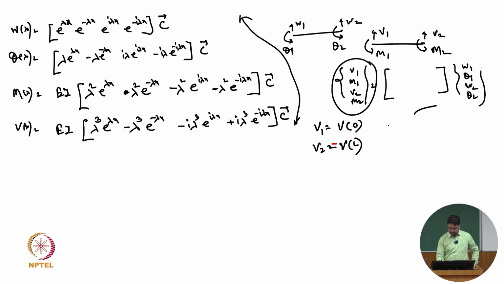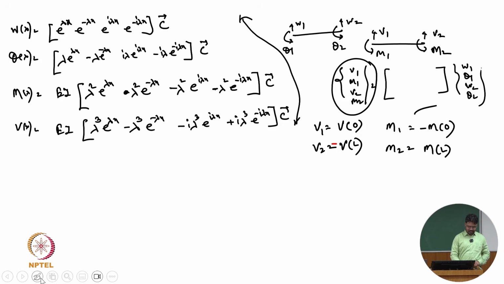What about the bending moment? M1 will be, and what will be M2? Minus M of 0. Perfect. And M2 will be M(L) or minus M of L? You can remember that, whatever the number of degrees of freedom, that plus-minus thing happens only that many times.